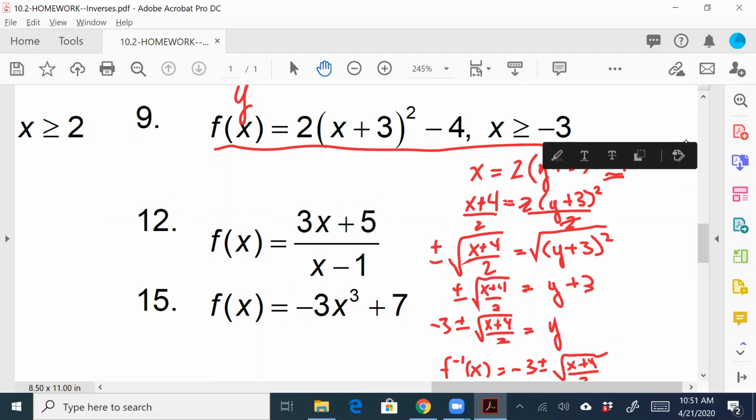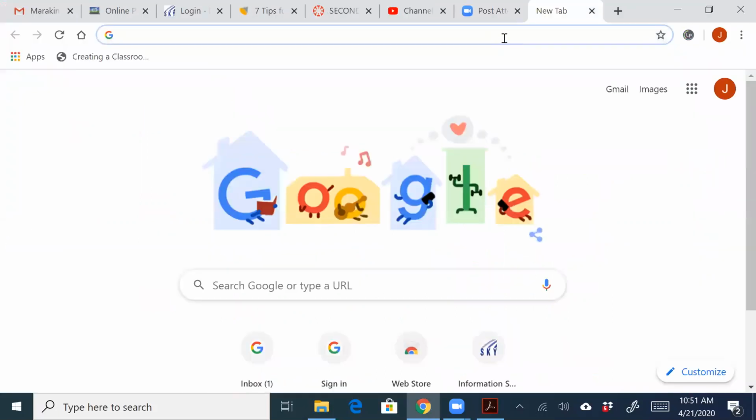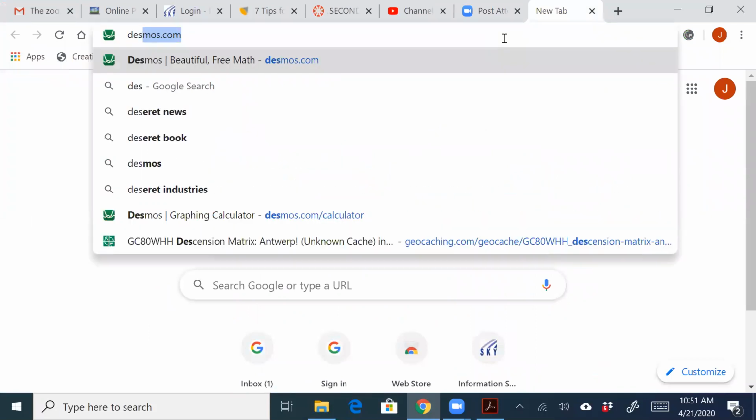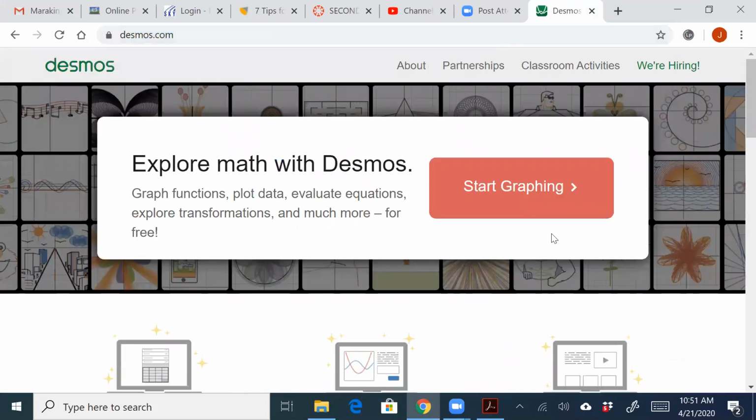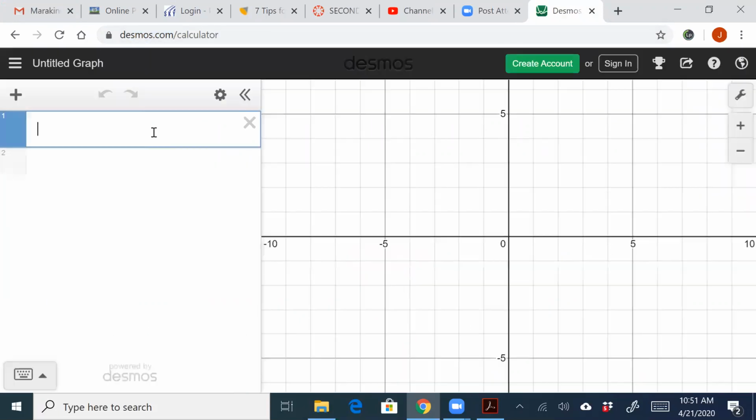If we look at this function here, let's go over to Desmos. Have you seen Desmos, Mary? Yeah, I've seen Desmos. All right, you still with me? Yep, still with you.